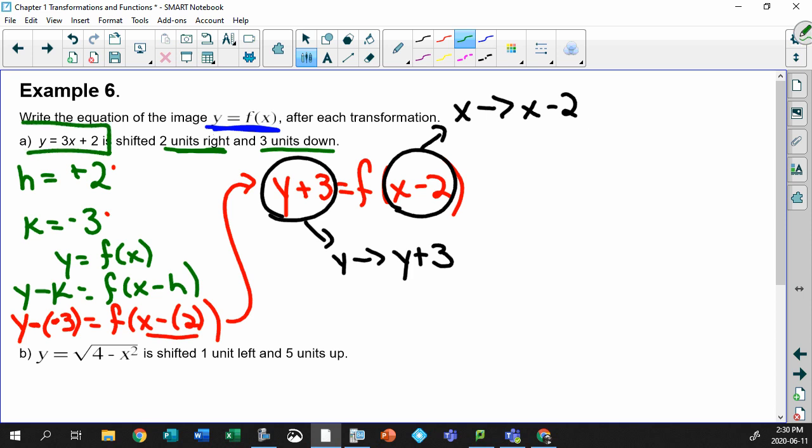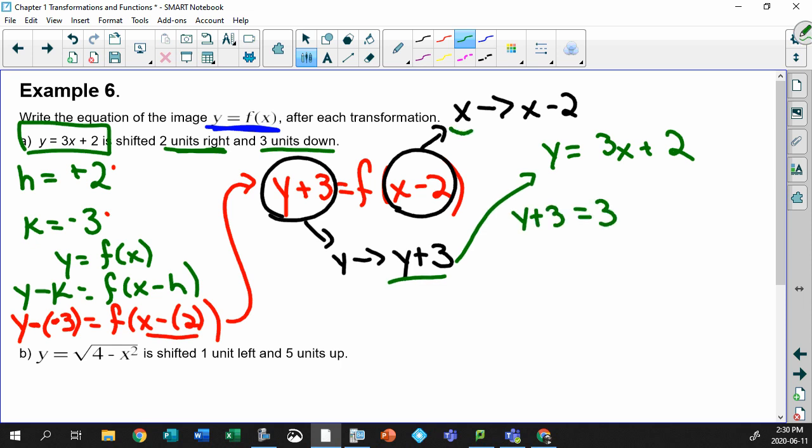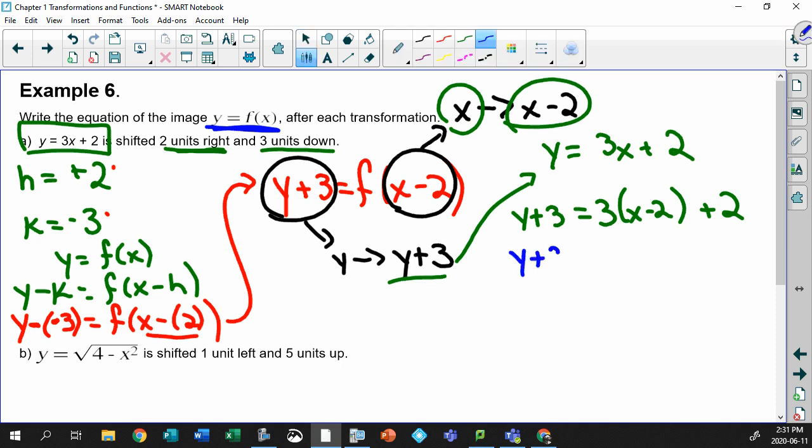Look at this original equation here. The original equation was y equals 3x plus 2. And what's really cool here is now take the y and replace it. So this becomes y plus 3 equals 3, there's the x, replace it with x minus 2, plus 2. Okay? Now, watch what happens. Y plus 3 stays as y plus 3.